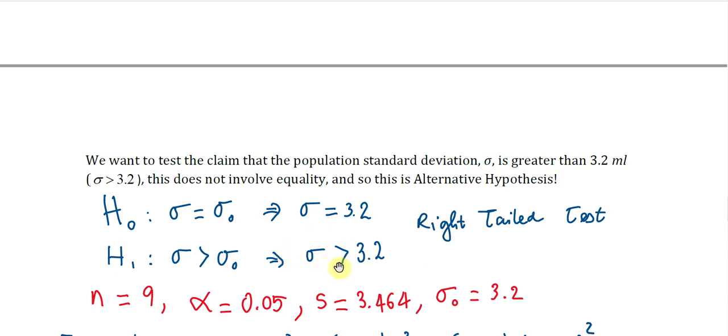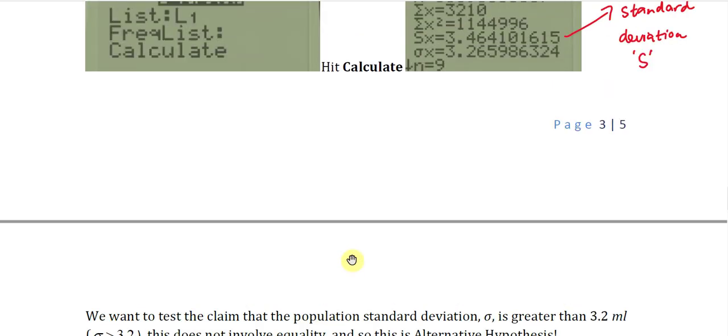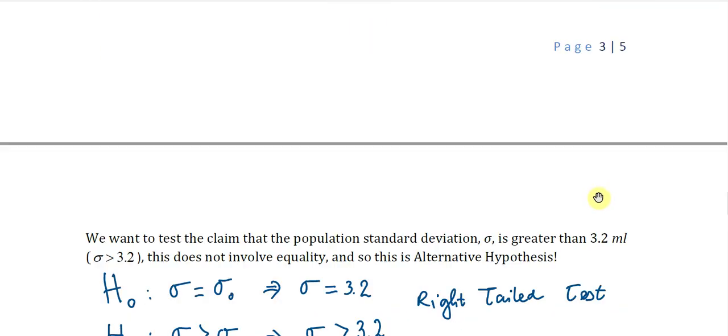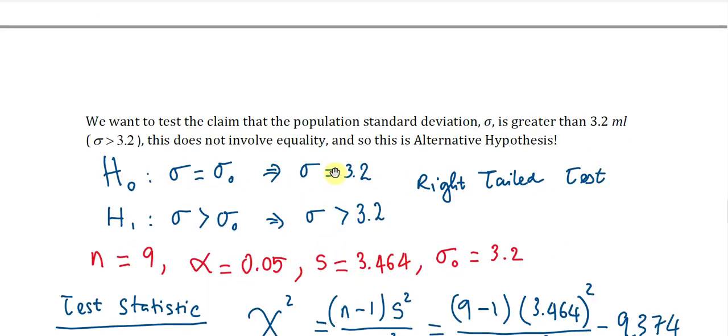So we are testing the claim of sigma is bigger than 3.2, which is the original claim that the problem wants us to do. Sigma is greater than 3.2, test the claim. So we are testing for this claim, and we know that sigma equal 3.2 should be the null hypothesis. And because this is the arrow pointing to the right, it should be the right tail test in this case. We know that n equal 9, 9 sample points.